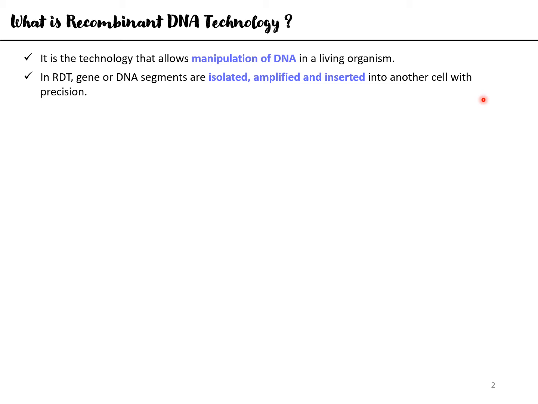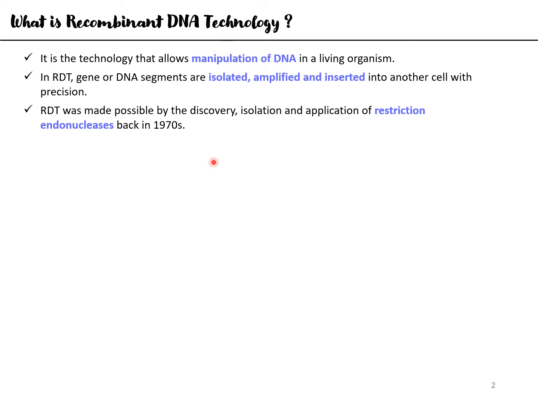Also, let us say that there is one deletion from one end. As we know, three nucleotides code for one amino acid, and if there is one deletion, then it will shift the entire reading frame, and as a result the entire sequence of your protein would change. So precision is, like I just said, of utmost importance.